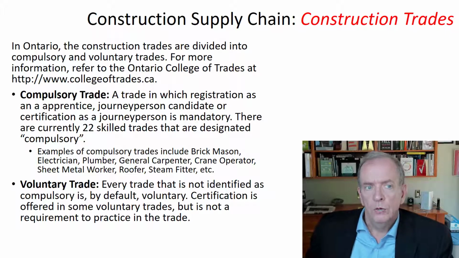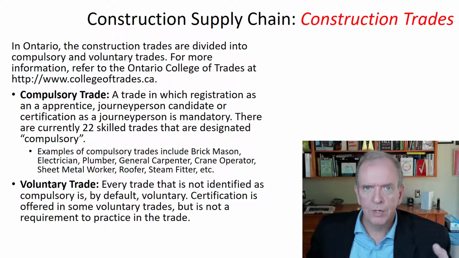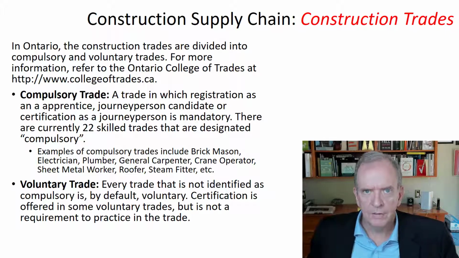And trades are designated into 2 areas: regulated compulsory or regulated voluntary. So compulsory means if you're going to work in that trade area, you need to have a license so that it ensures that a certain level of competence is in place. So like plumbing, electrical, sheet metal, those trades are regulated.